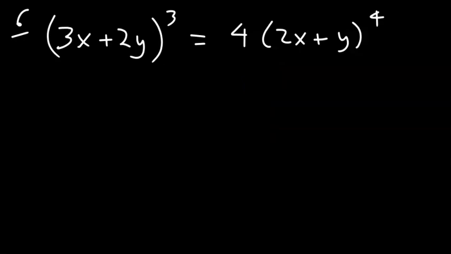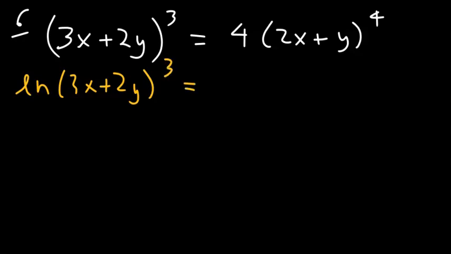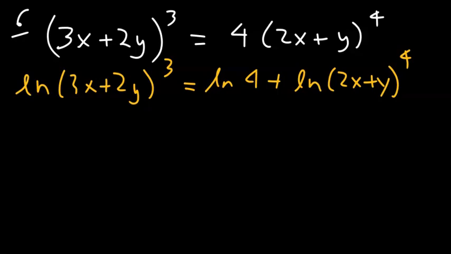One way to proceed, because it has these powers, is to take the natural logarithm of both sides. So the left-hand side is natural log (3x plus 2y) to the power 3 equals natural log of 4 plus natural log of (2x plus y) to the power 4.